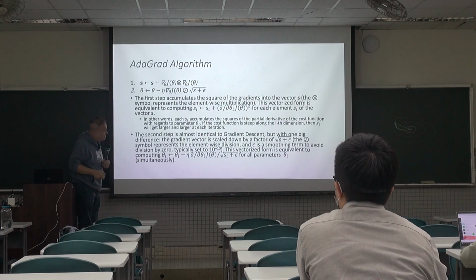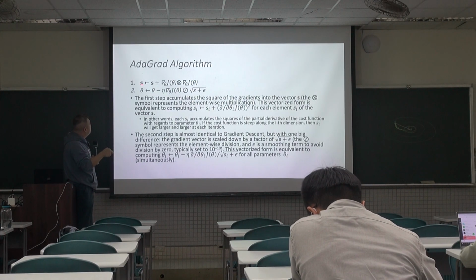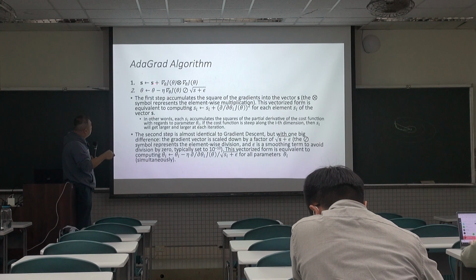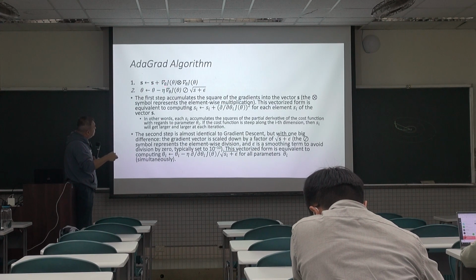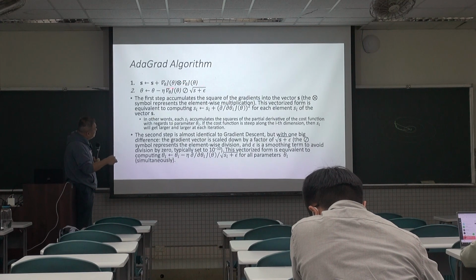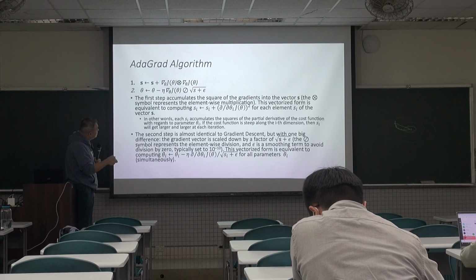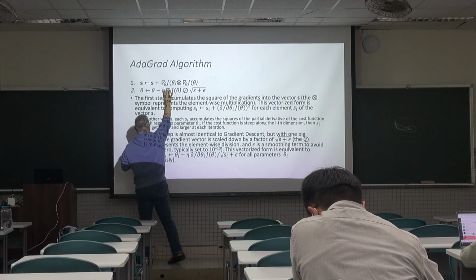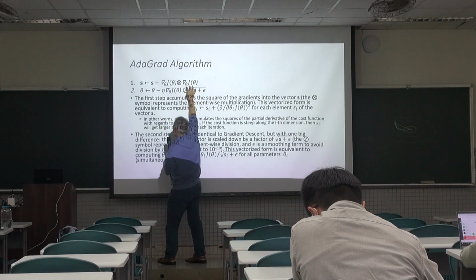The formula looks like this: S equals S plus the gradient multiplied by the gradient. I need to explain this a little bit. We know this is the gradient vector, but what is this multiplication?